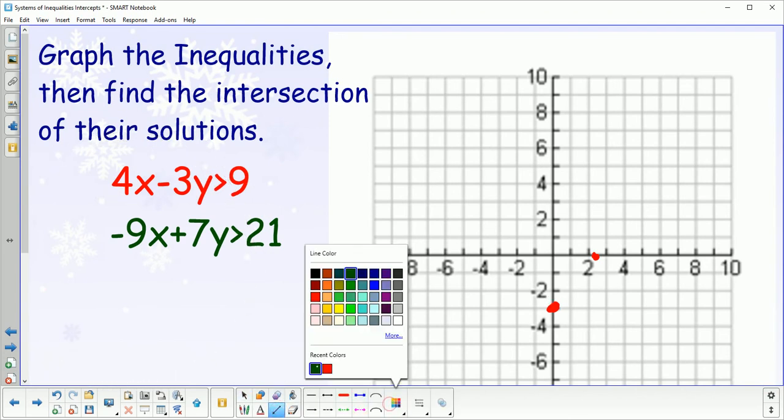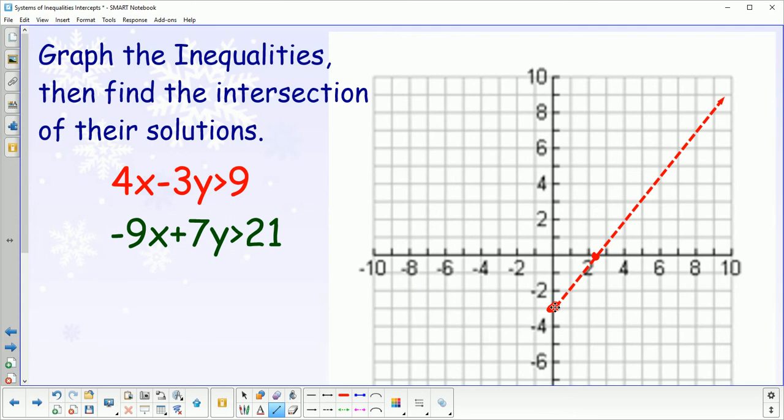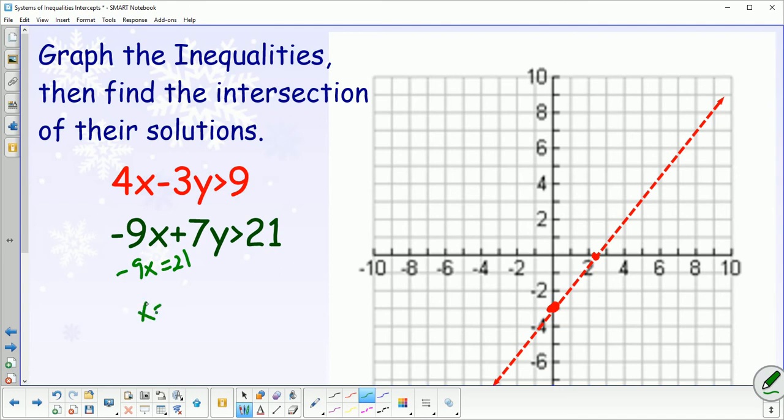Okay, so that's how I got my first one, and then I need to draw that. So I know we're going to do it in red again, and I know that this should be a dashed line because we're not including. And so I draw that in both directions as far as I possibly can. And then I'm going to move on to my second line. So in green now, I'd have negative 9x equals 21, divide by negative 9, I'd get negative 2.33.